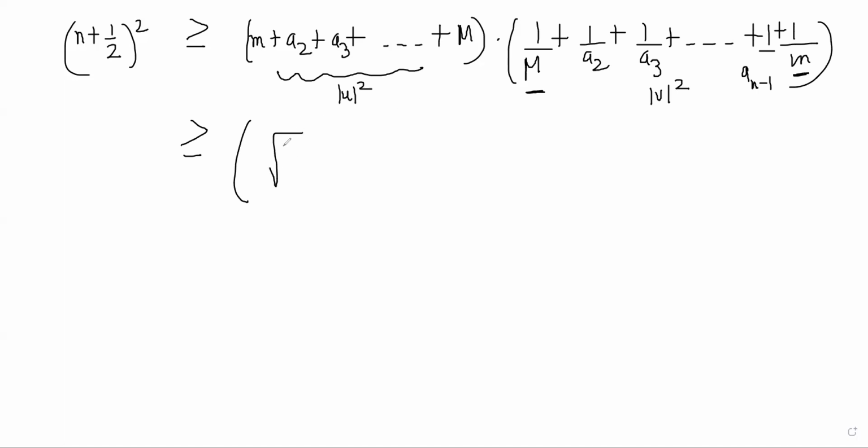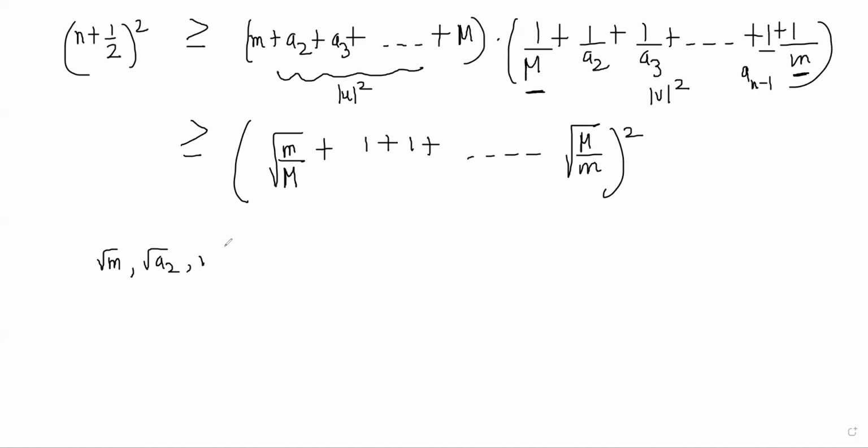So it will be greater than root over m by M plus 1 plus 1 plus root over M by m, whole square, right? Why are you getting 1 and all? Because when you do dot product, the vector components were root m, root a2, root a3 till root capital M, and this side the components were 1 by root M, 1 by root a2, 1 by root a3 till 1 by root small m.